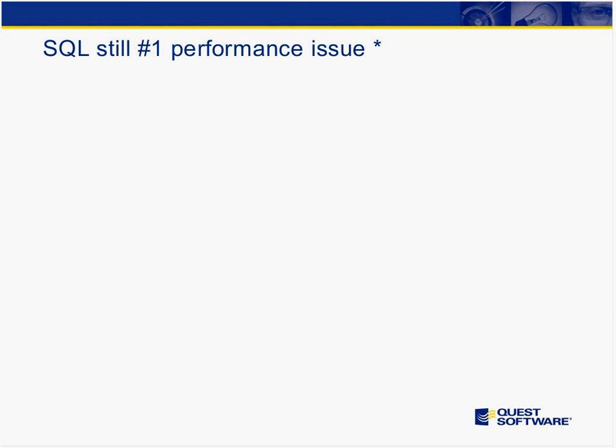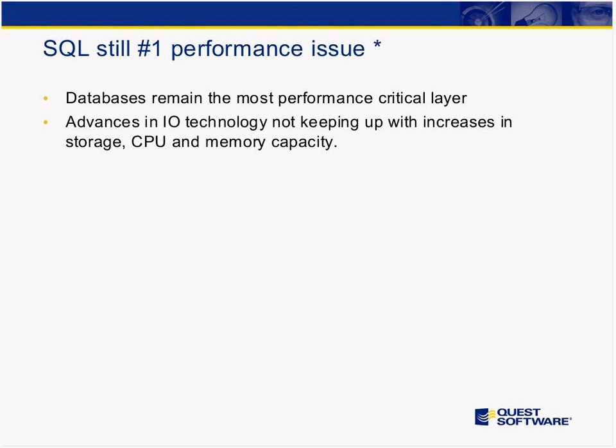We find that SQL performance is still the number one performance issue in regard to databases. And again, databases are the most critical performance layer in most applications. Just about every application that most people are familiar with has a database underneath it.